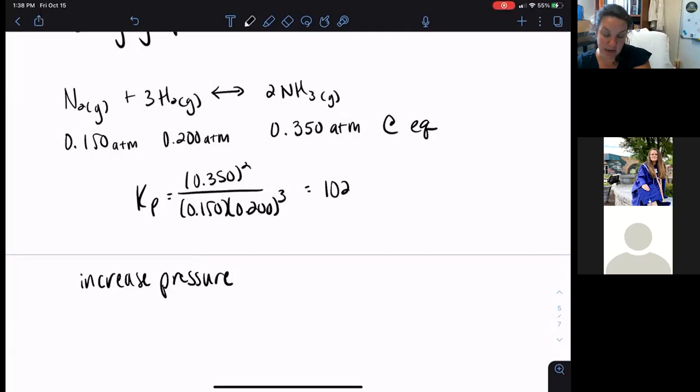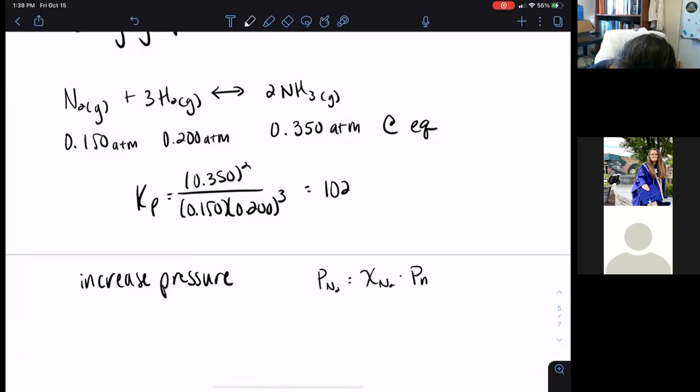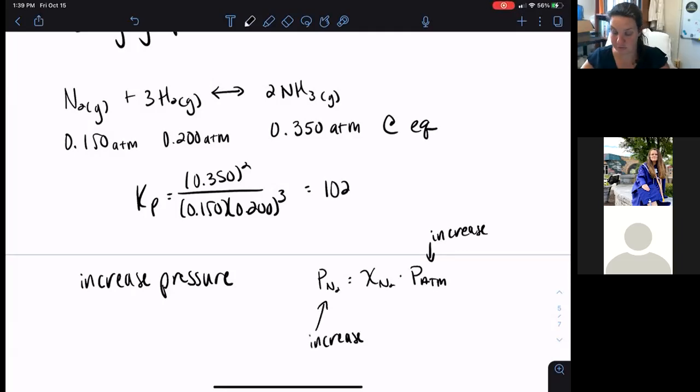And when we increase the pressure, keeping in mind that our partial pressure of N2, for instance, is equal to the mole fraction of N2 times the pressure of the actual system. So if we increase this term, we're going to increase our partial pressure of each of the species.